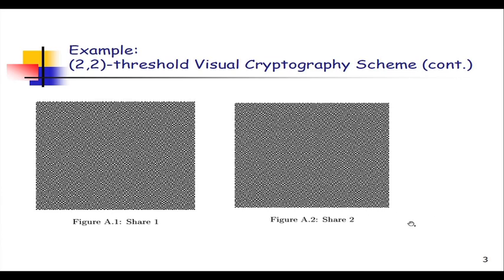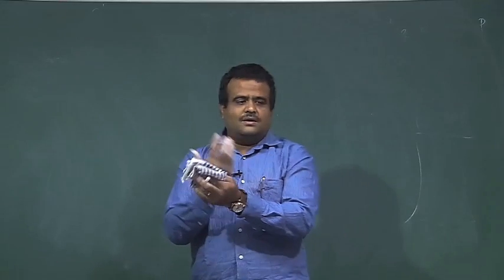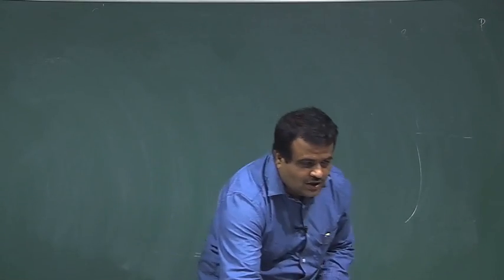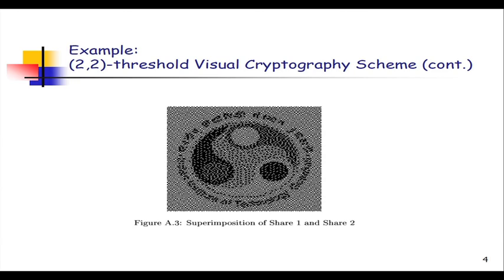But if we merge these two, superimposing share 1 and share 2 like this, then it will reveal the secret. So, this has an application in visual cryptography.